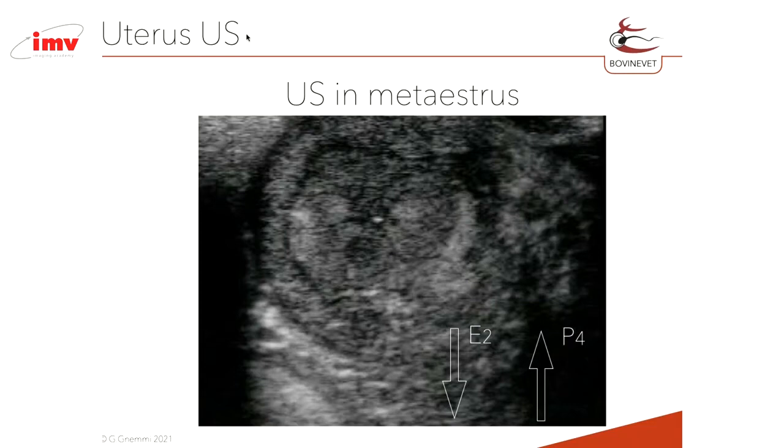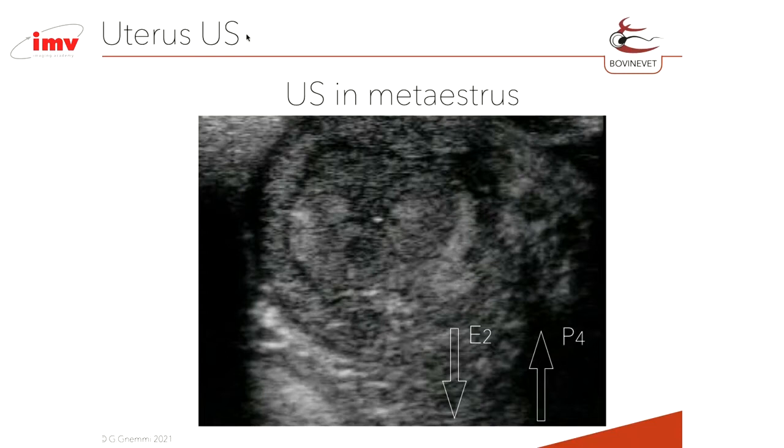So if I am able to distinguish these things by ultrasound, I can define if I am at day 14 or day 18. So the ultrasonography of the uterus is not important only to define the pathologies, but above all, also to define in which particular part of the luteal phase or of the follicular phase we are working.